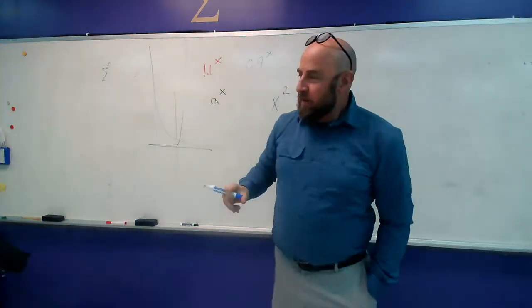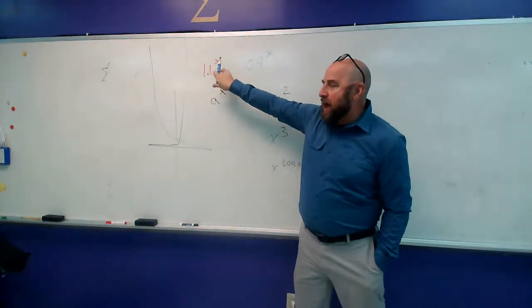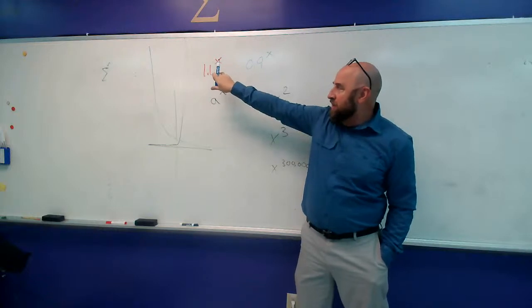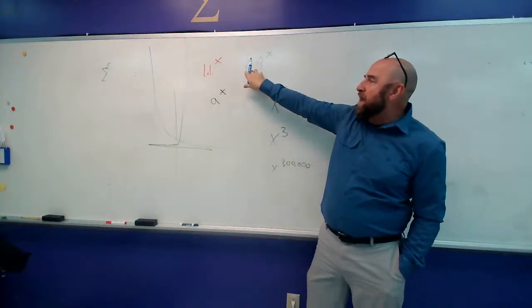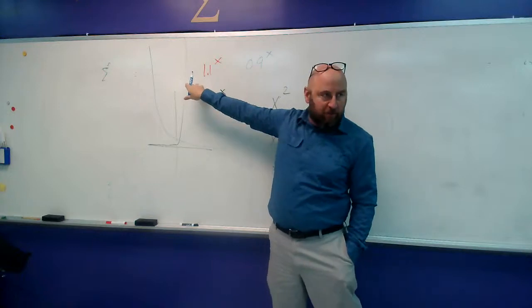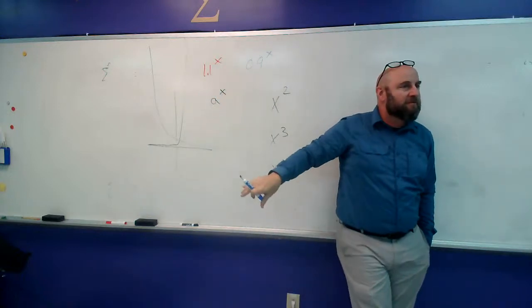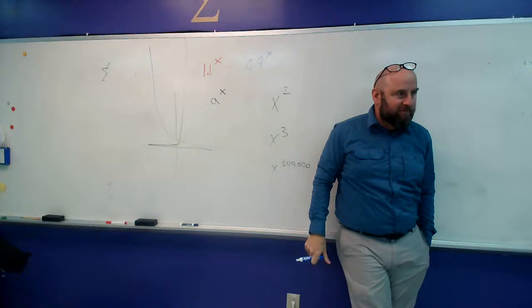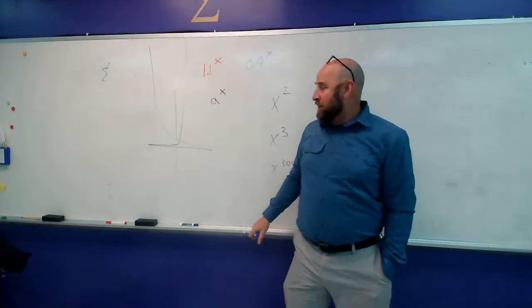So when you're talking about exponential, your base changes by 1/5. Two dimes, 20 cents. 1/5 is your change in base.